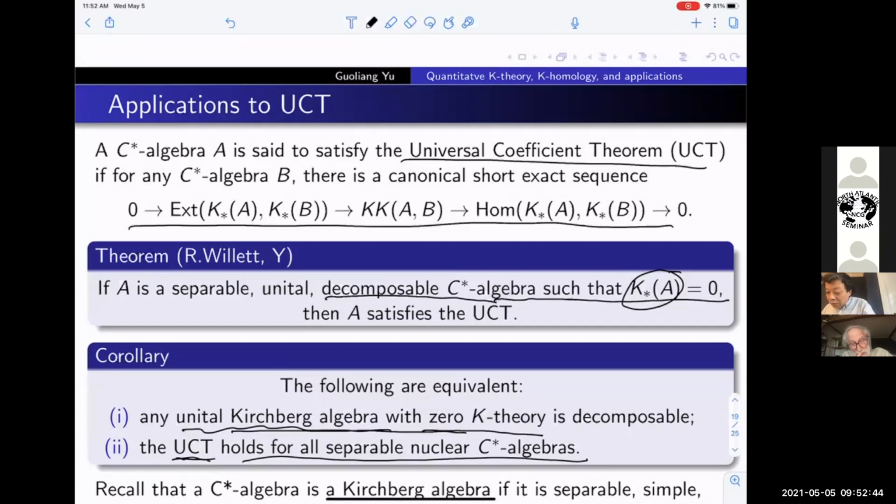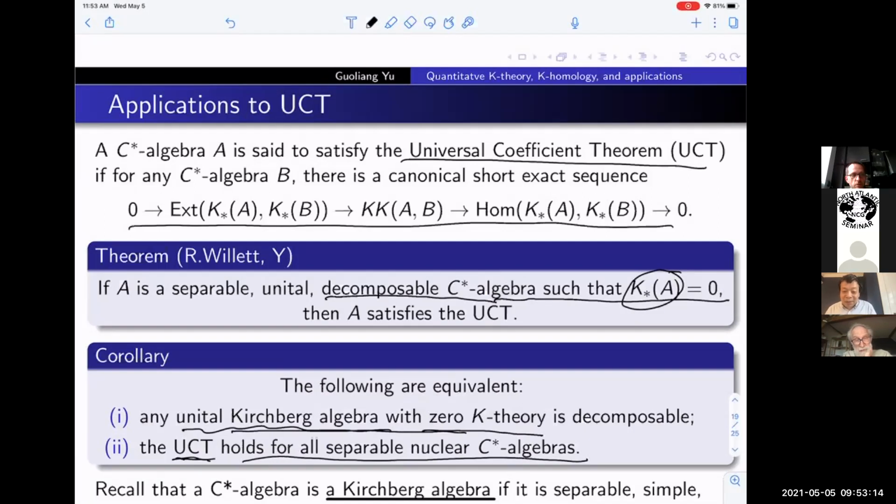Okay, may I ask a quick question? Sure. I wanted to ask about the relation between decomposability and nuclearity. In general, nuclear C*-algebras are not decomposable. But in your theorem, there is no nuclearity assumption. Our condition will imply nuclearity.